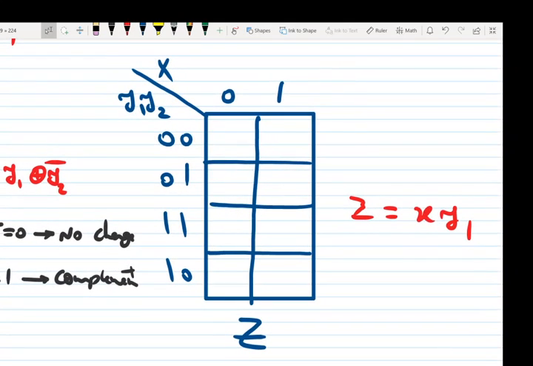This is the easiest part. As long as X is 0, of course Z will be 0. And if X is 1 and Y1 is 1, the output will be 1. For the other values, output is 0.